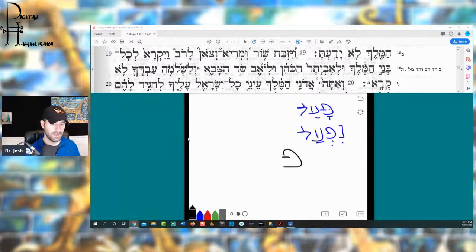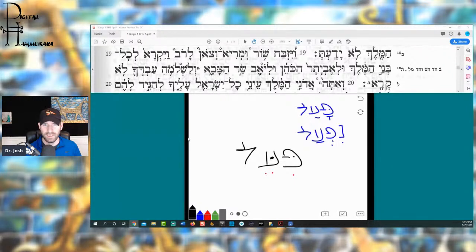So if we stay with that same root, we have a pi'el form. Pi'el. Now this one's actually kind of frustrating, which is one of the reasons I don't know why they use the pei, ayin, lamed, because one of the main features of pi'el is that it has a big dagesh right there in the middle.